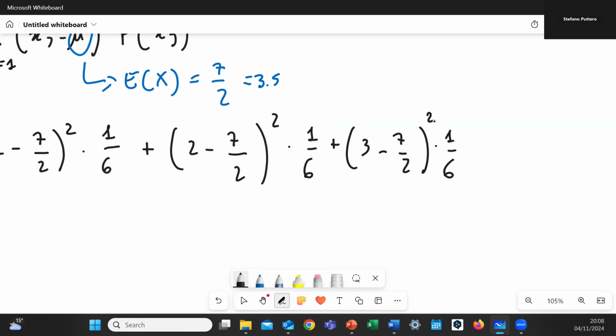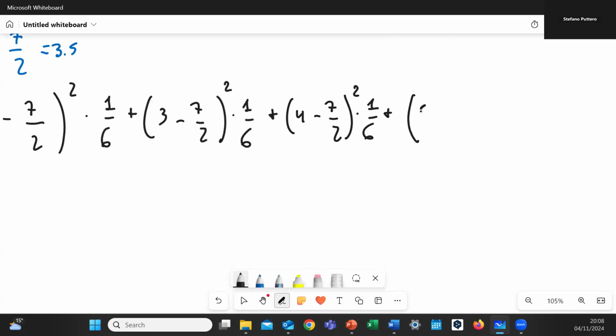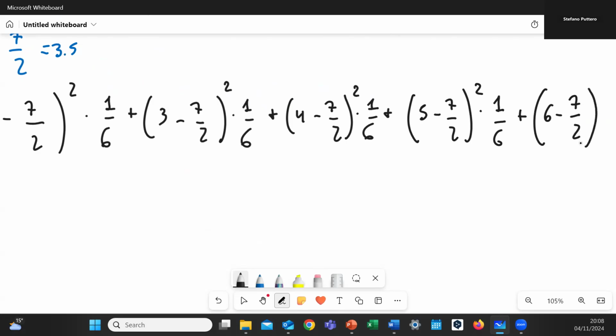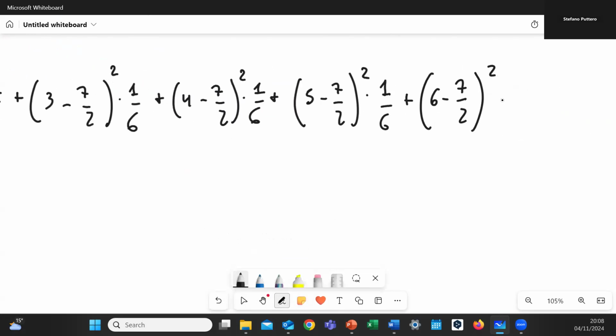1/6 plus 4 minus 7/2 up to 2 multiplied by 1/6 plus 5 minus 7/2 squared 1/6, and last but not least 6 minus 7/2 squared 1/6.